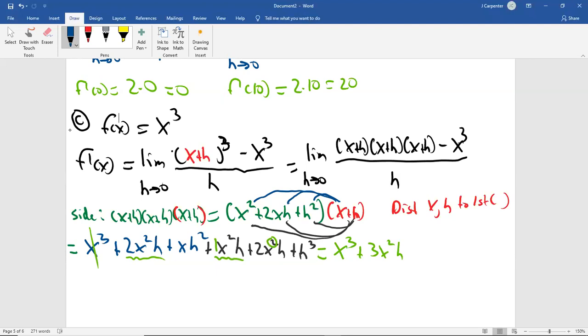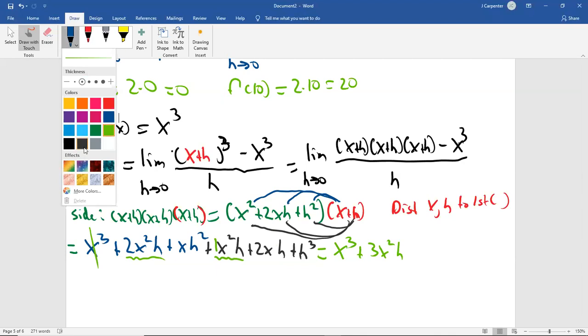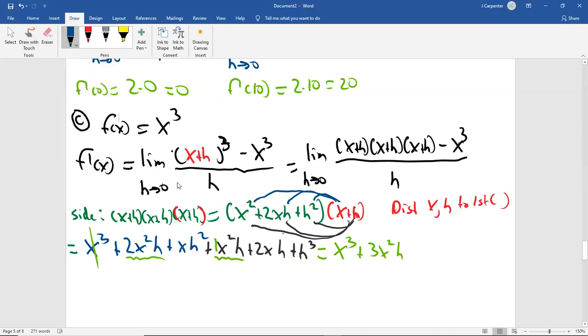I'm going to give you a second. I just put my exponent in the wrong spot. So I need to erase that. Sorry about that. Terrible looking too. There we go.